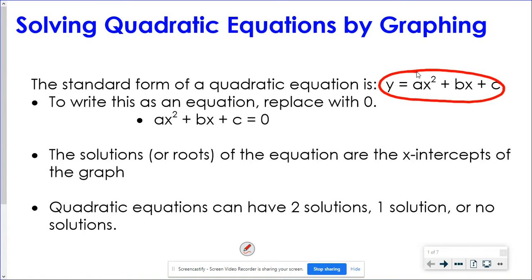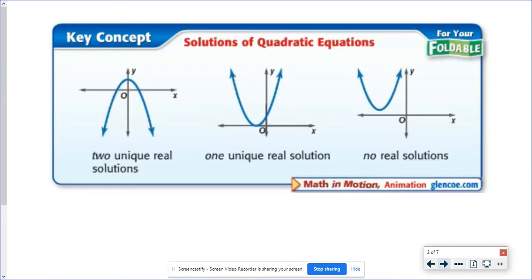Most of the time, we have two solutions. Our parabola will hit the x-axis in two different places. Occasionally, the vertex will be right on the x-axis, so we only get one solution. Sometimes our graph doesn't touch the x-axis at all, so we won't have any solutions. This is what it looks like. When we have a graph like the first one, I would get a solution here and a solution here.